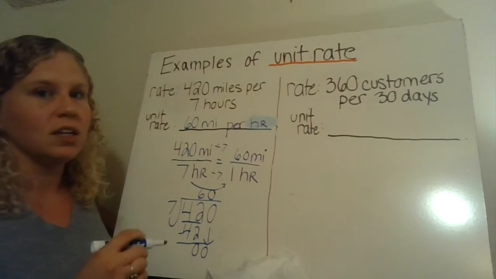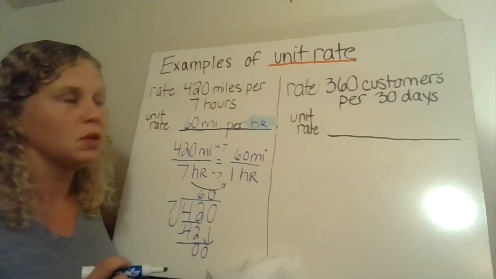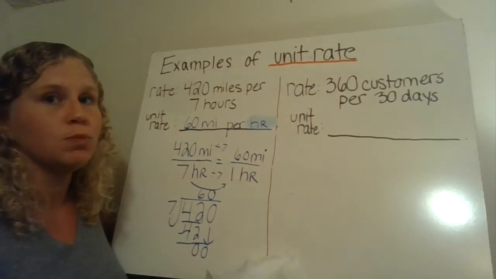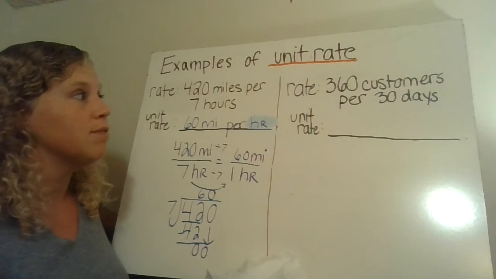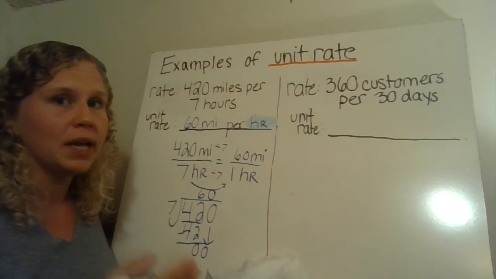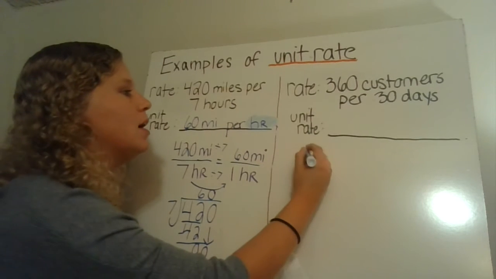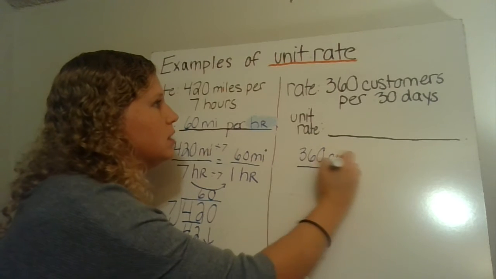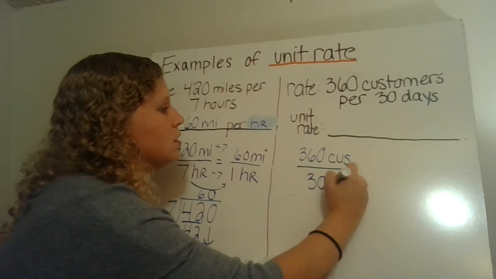Alright, now for our second example, I'd like you to try to do this one with me. Please write down that the rate is 360 customers per 30 days. When I find the unit rate, I want to find how many customers came in 1 day. Again, I could set up my ratio here, 360 customers in 30 days.